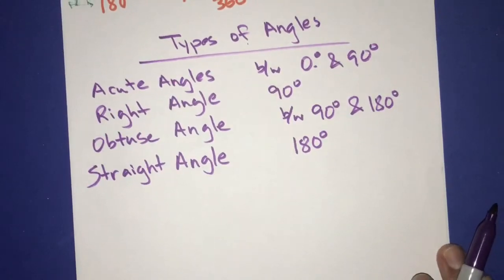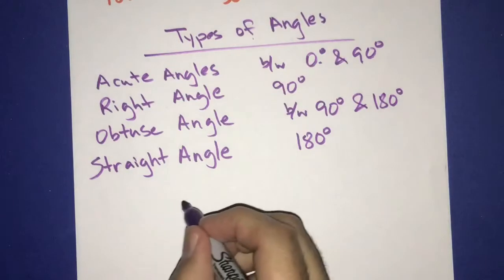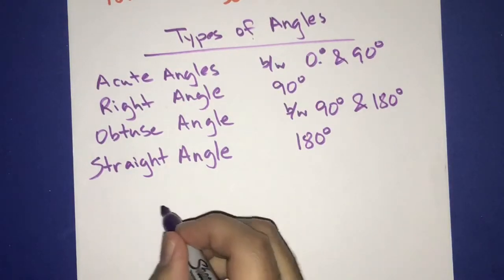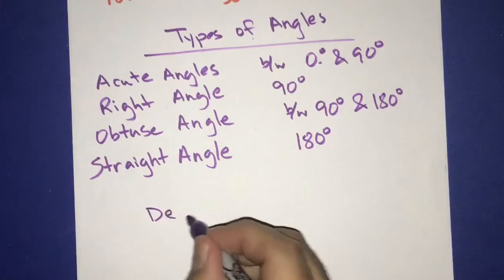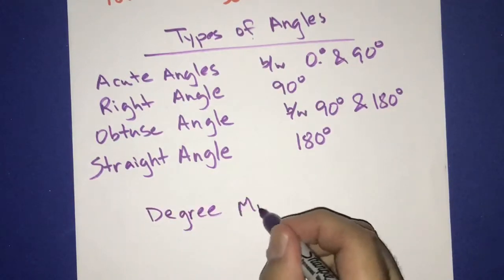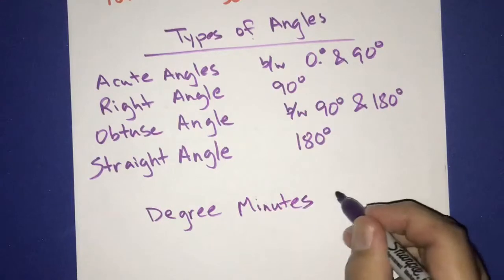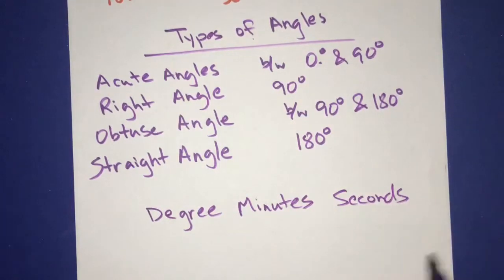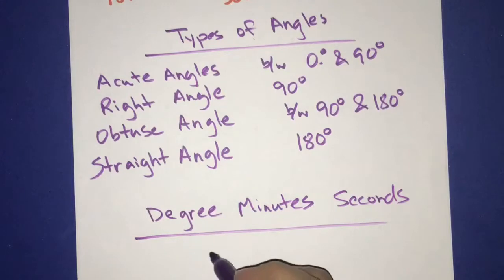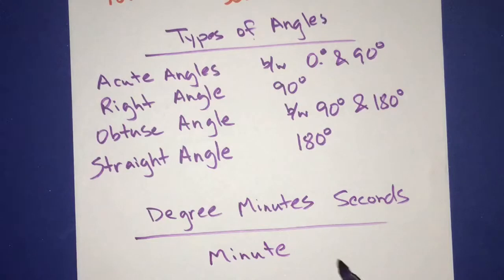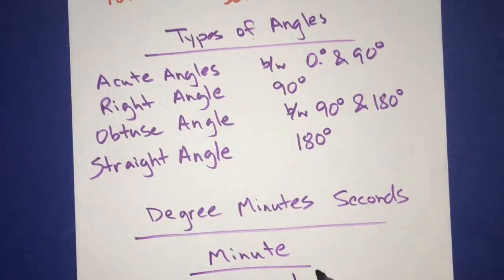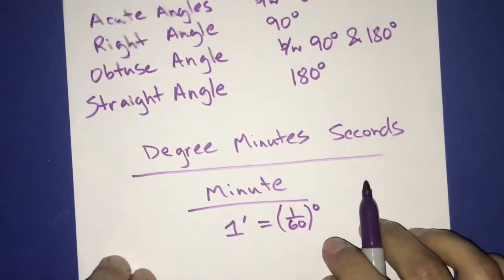So let's look at the DMS system first, starting with a minute. By definition, 1 minute equals 1/60th of a degree. We can put this in parentheses, that way we know we're talking about 1/60th of a degree.